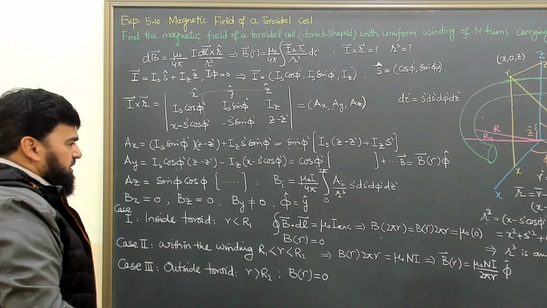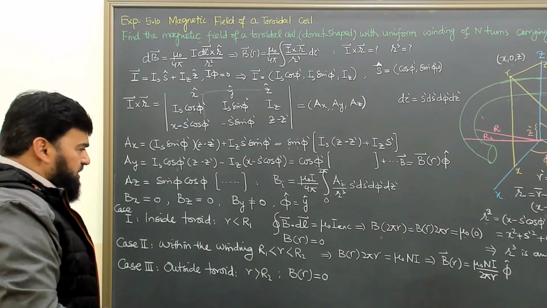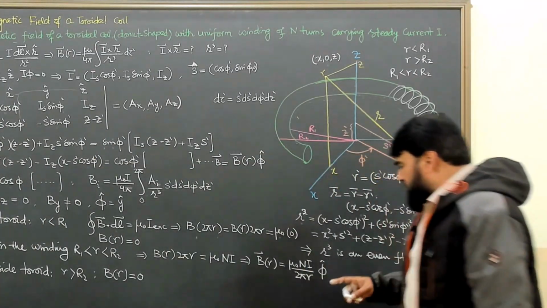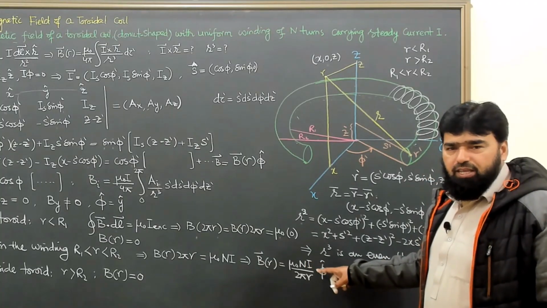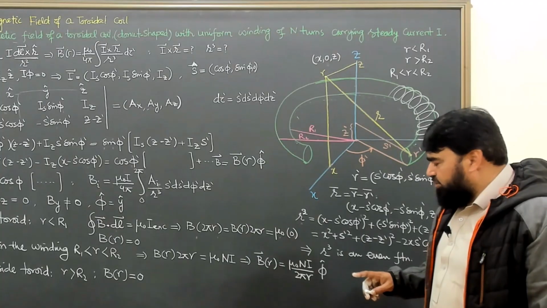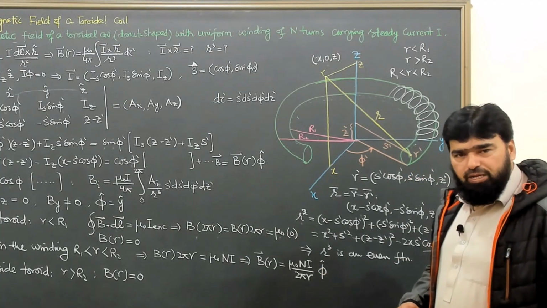Now there is something very interesting here: compared to the solenoid, whose field was mu naught N I, the magnetic field of a toroid is 1 over R dependent.